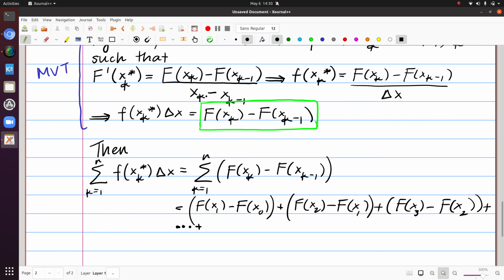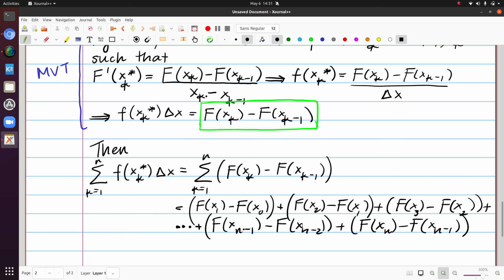And if you think about the last several terms, you would get F of x_{n-1} minus F of x_{n-2} plus F of x_n minus F of x_{n-1}. So all I've done here is write out, to some extent, the terms of this sum with the ellipsis notation to say there are things in between.